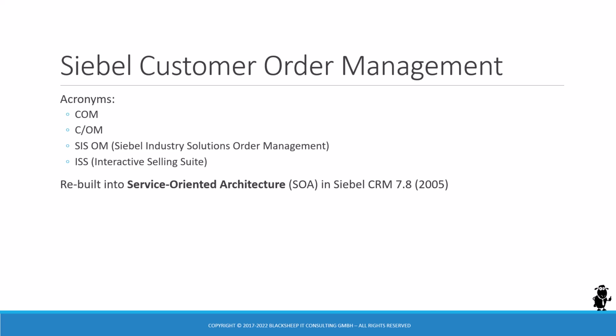And another acronym that you will find in the various areas in the repository is ISS, which does not stand for the International Space Station, but for the Interactive Selling Suite, which was the predecessor of the modern day service-oriented architecture that we see in current versions of Siebel CRM. And at the time of recording, the most current version of Siebel CRM is 22.6.